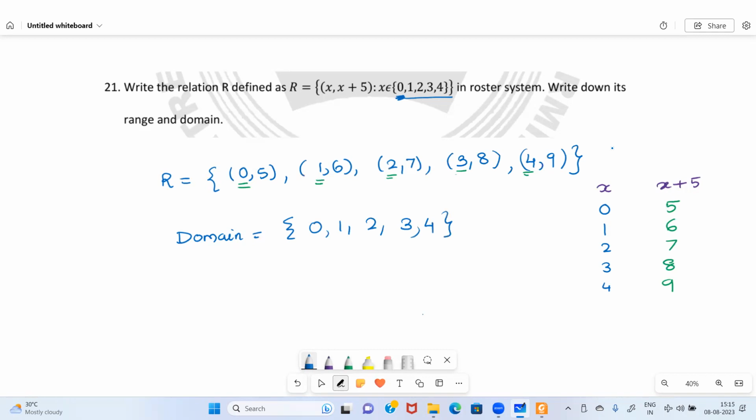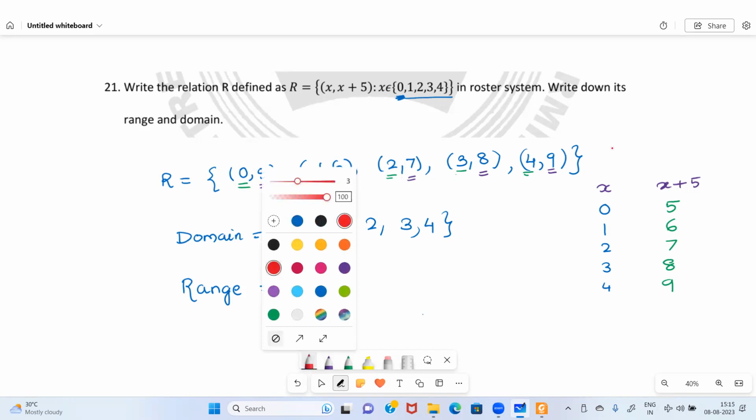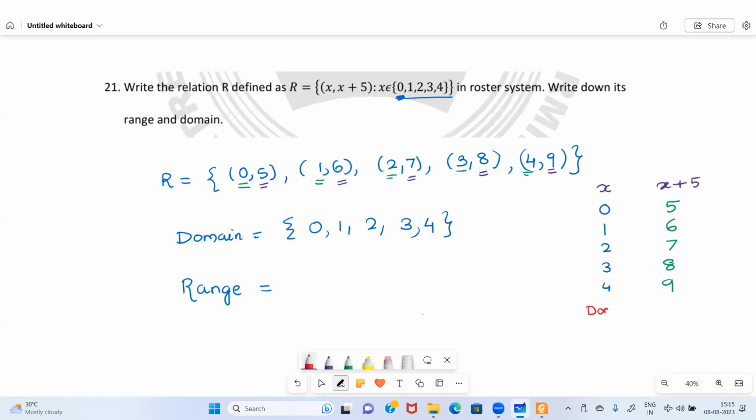Clear, students? Now let us look at what is going to be our range. Range is nothing but the second value in the ordered pair: 5, 6, 7, 8, 9. Or in other words, this is our domain, all these elements which are here, and this is our range.